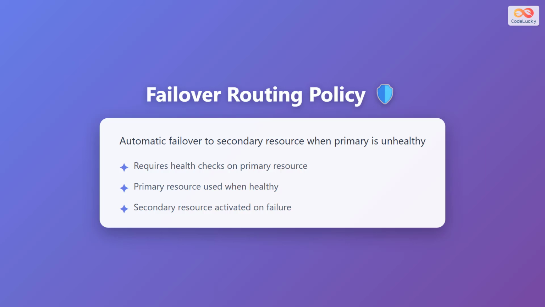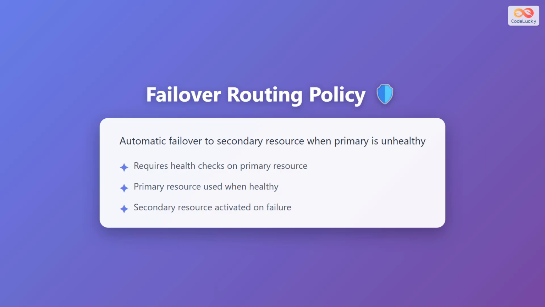Failover routing policy is designed for high availability and disaster recovery scenarios. It creates an active-passive setup where you designate one resource as primary and another as secondary. Route 53 continuously monitors the health of your primary resource using health checks. As long as the primary resource is healthy, all traffic goes to it.